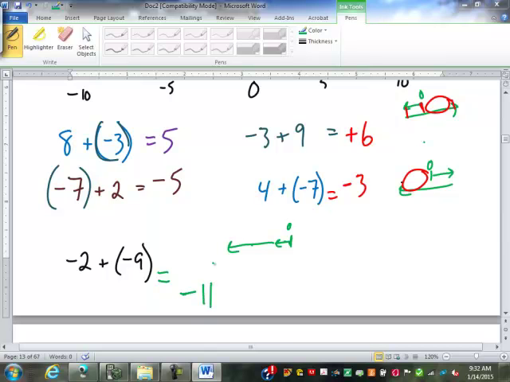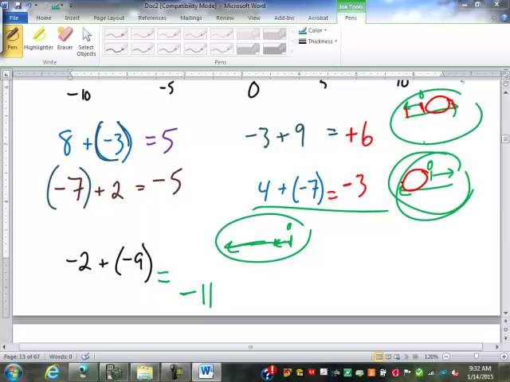So we're dealing with adding negatives. Even though we are adding, sometimes we're going to be combining the values, adding the values. Sometimes we're going to be canceling the values or subtracting them, like over here. That little picture with the vectors helps me know whether I'm adding or subtracting. If they're going in the same direction, we're adding. Opposite directions, we're subtracting. And it also helps me know whether the answer is going to be positive or negative.